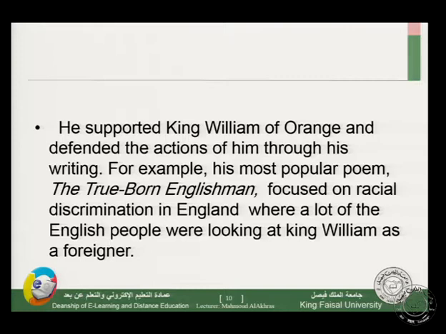A person who was born in England was superior to the person who was born in France. This is called racial discrimination. So we have this theme in this poem. We have racial discrimination in England, where a lot of English people were looking at King William as a foreigner.